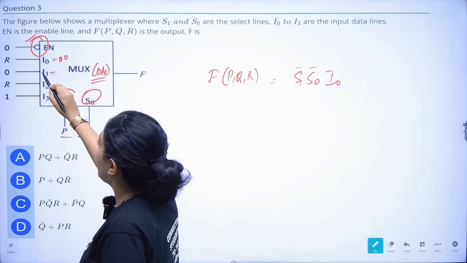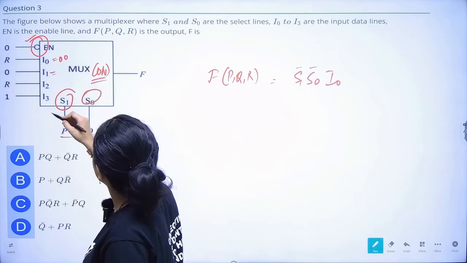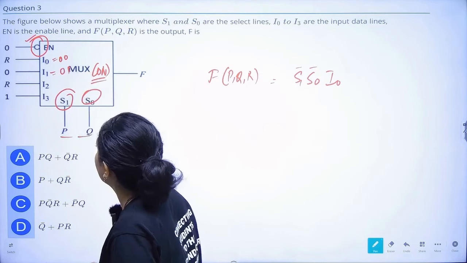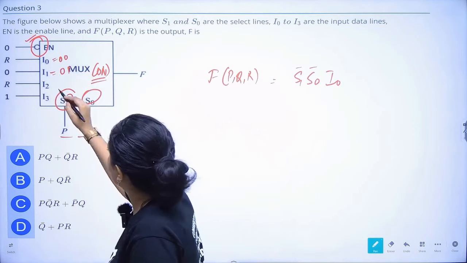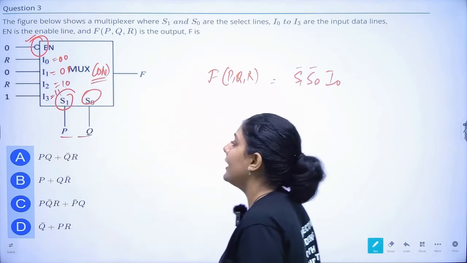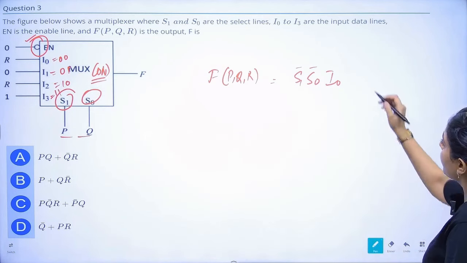With S1 S0 at 0 0, I0 will be selected. When select lines are 0 1, input I1 is selected, for 1 0 input I2, and for 1 1 input I3. This is how it works.